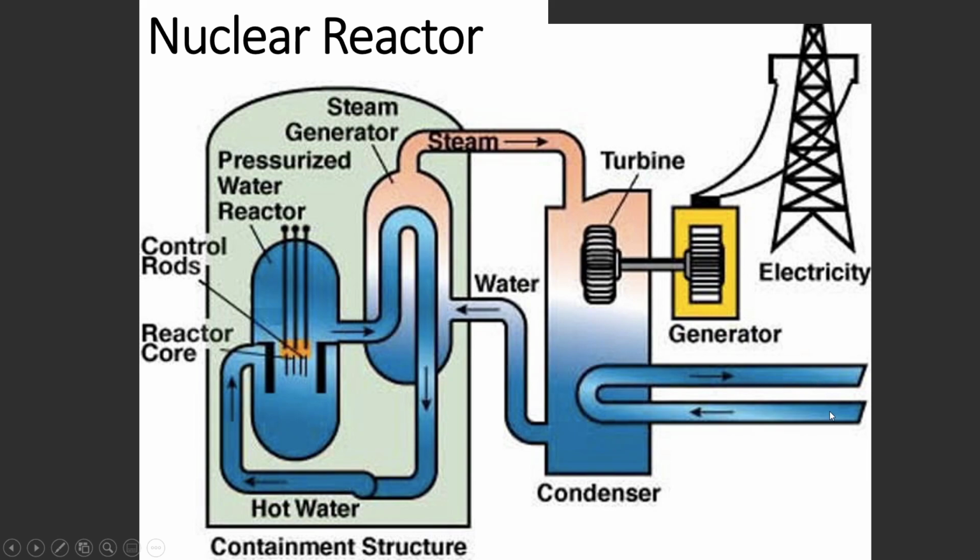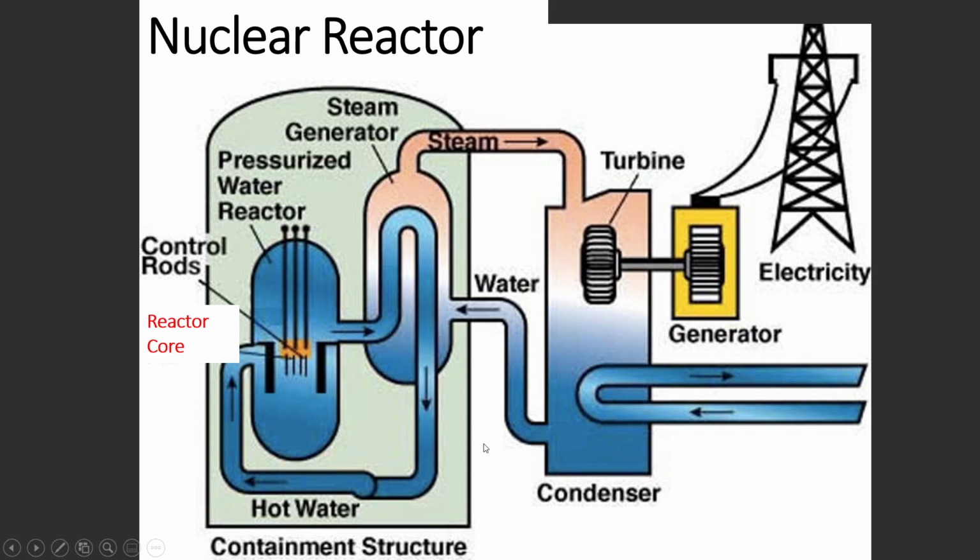There's also cold water being pumped in, typically from the ocean. Usually you want a nuclear reactor to be near an ocean because you need a lot of cold water to cool this whole process to keep everything from getting too hot. If you lose that cold water, you will get temperatures becoming too high, the reactor core becomes unstable, and that is when you get a nuclear meltdown.